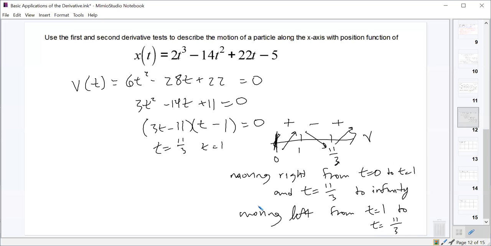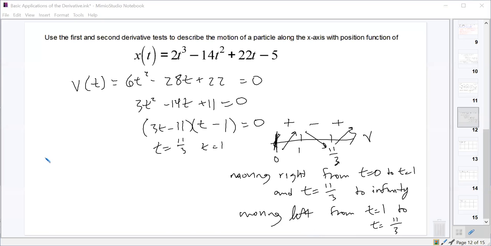I know that if you write it out in words, they will definitely accept it. But they never make any sort of distinction for velocity functions, whether you're talking about moving right or moving left, whether it should be brackets or parentheses. But I've seen in student work examples that they've given points for both, so it should be okay either way.